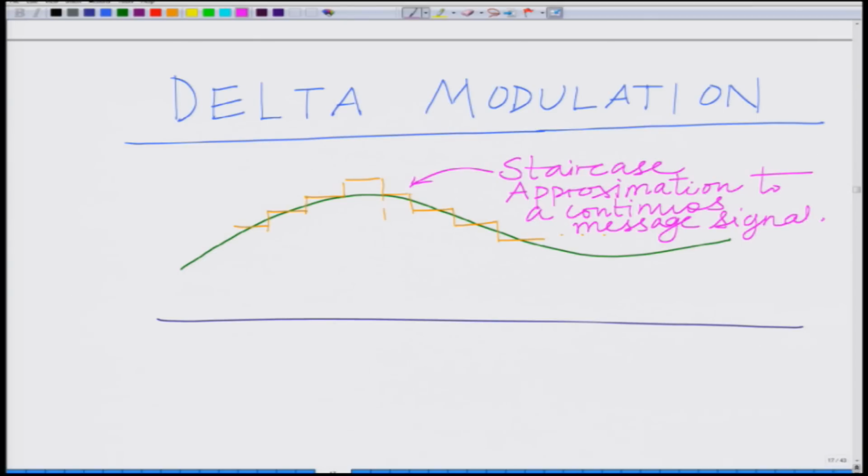And how do we do it? Instead of quantizing the samples of the original message signal, we quantize the differences of the samples of the message signal, and we are going to illustrate this shortly.